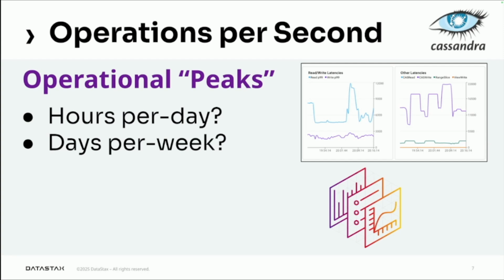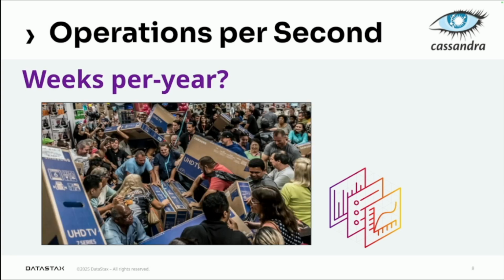The important thing though is that you do want to keep an eye out for operational peaks. In a typical business day, you'll have a high point that usually repeats, like a peak usage hour or time period when your business sees the most action throughout the day, or your website does. Likewise, you might have multiple days per week when you do more business than others. You're going to want to make note of those as well. And of course, what about weeks per year?